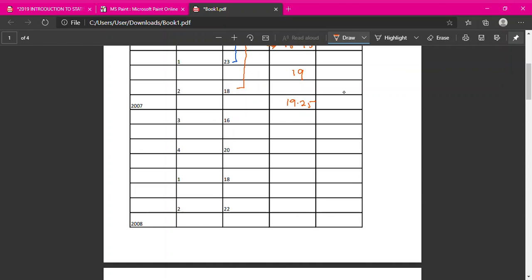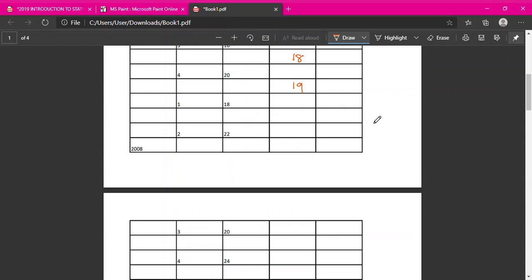So, you akan dapat 18 here. Okay, next one nak kat sini. So, kita guna 16, 20 plus 18 plus 22 divided by 4. You akan dapat 19 here. Okay, next. Nak cari value dekat sini. So, kita akan ambil tempat data ni. 20, 18, 22, 20.